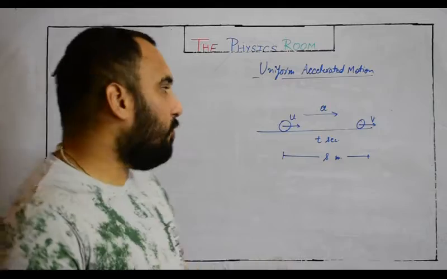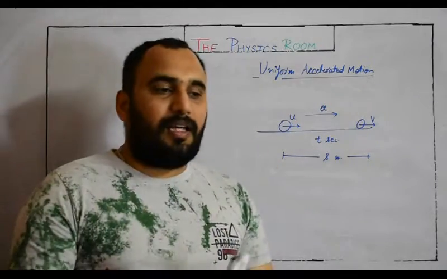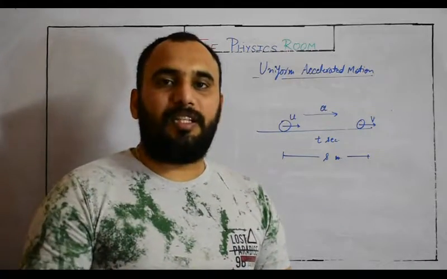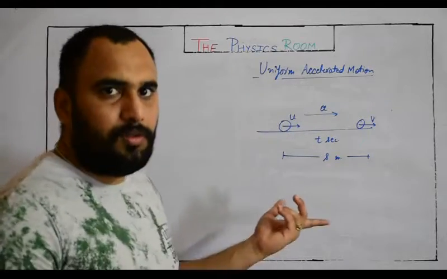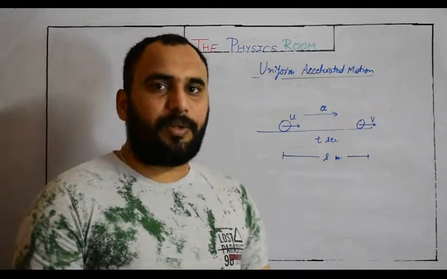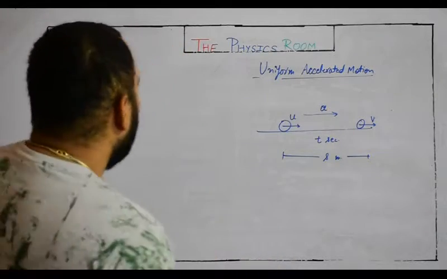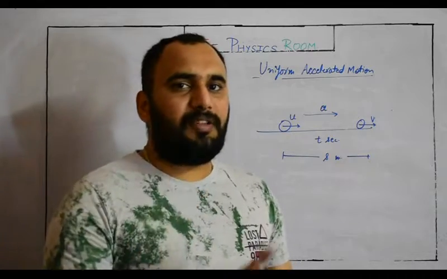So we need to assume that the body is initially in motion. If you have a problem in which the body is initially at rest, simply replace u by 0. You can modify the formula according to the question, but we need to have a universal formula right now. So let's try to plot a graph. I am talking about a velocity versus time graph.